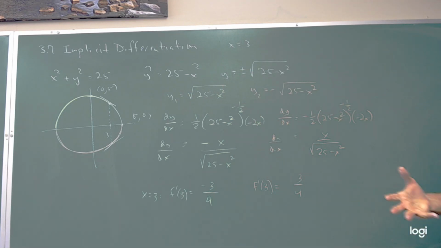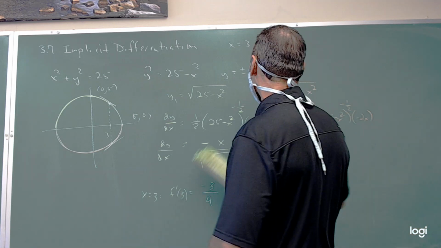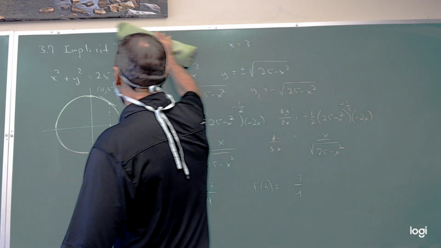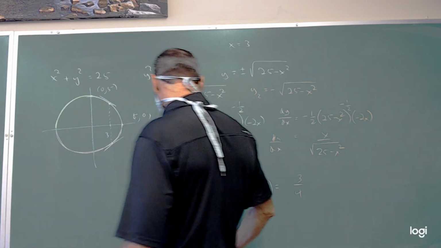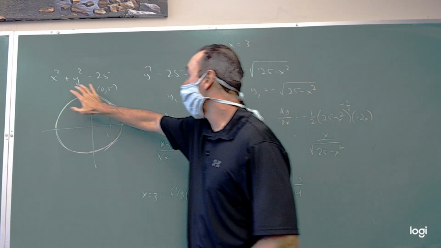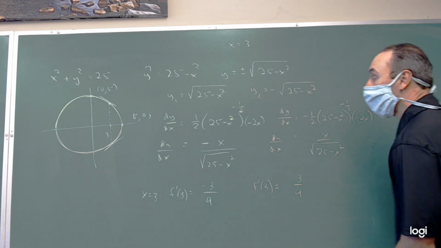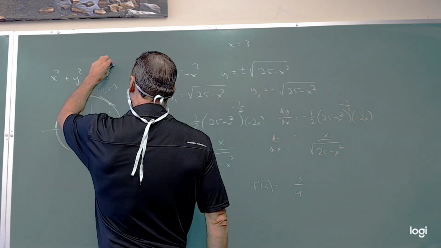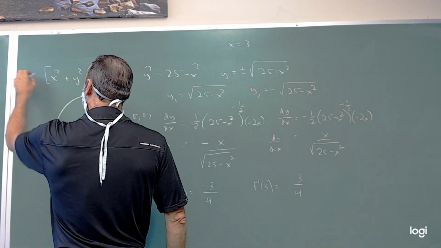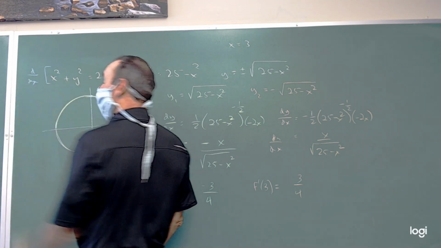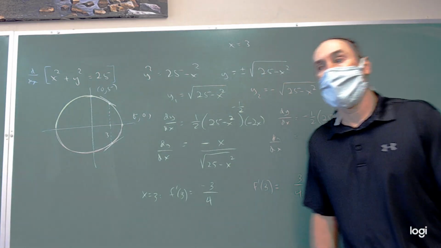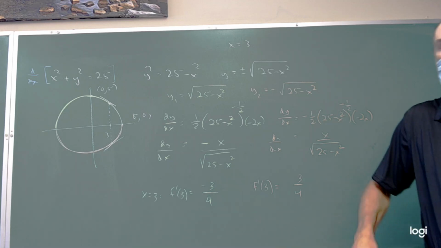Now I'm going to come back and show you what we do with implicit differentiation. And so I am not going to separate out the y, but I'm going to go right to where we have this here. And so what we're going to do is just, as it sits, take the derivative with respect to x. Now, we know how to differentiate x squared, that's old news.